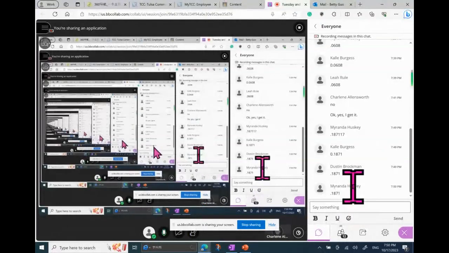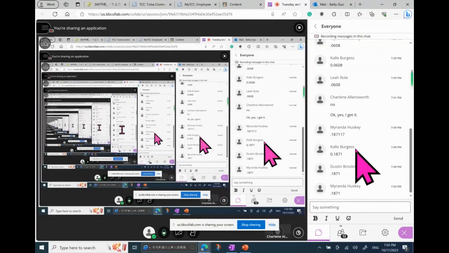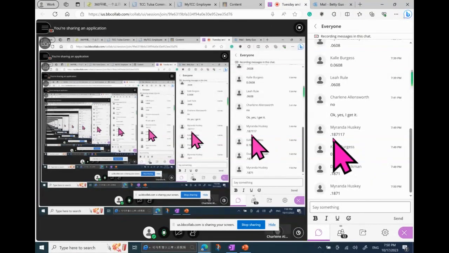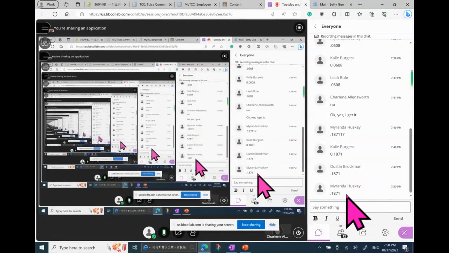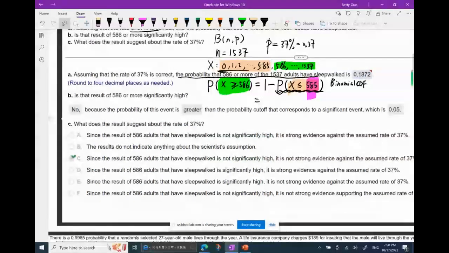So if we keep 4 decimal places, it's going to be 0.1871. All right, that's the first part.